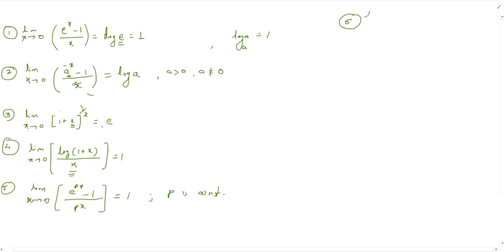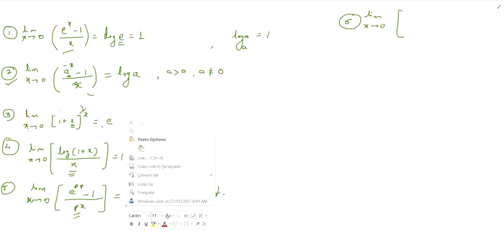Limit x tends to 0. Rather than e, here if you look at our second result, from the first, e raised to x minus 1 upon x is equal to log of e, that is 1, and again if e raised to px is there and in the denominator again px, then it is also 1.